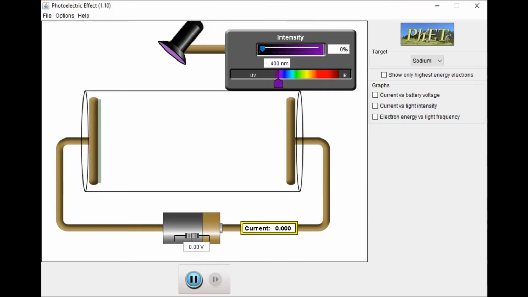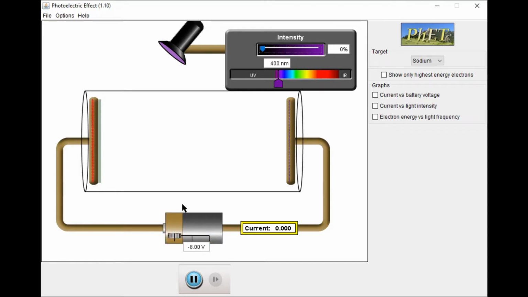For starters, at the bottom there's a battery, and right now it's at 0 volts. I can change that to have some positive voltage. Apparently I can get it to be as big as 8 volts. Or I can make the voltage negative, which in this simulation means flipping the battery around the other way.